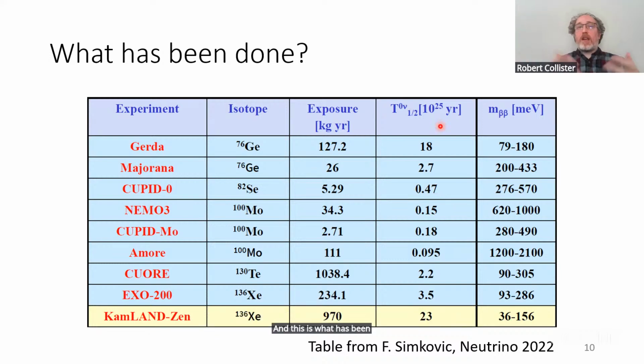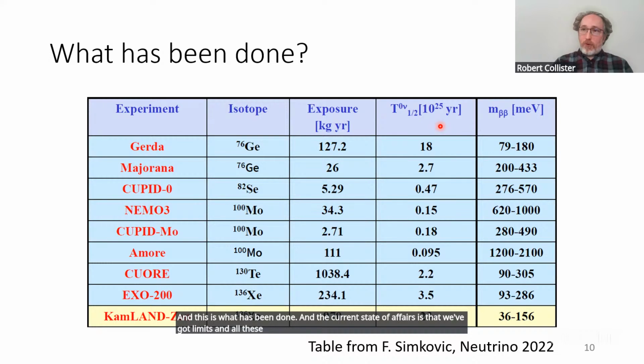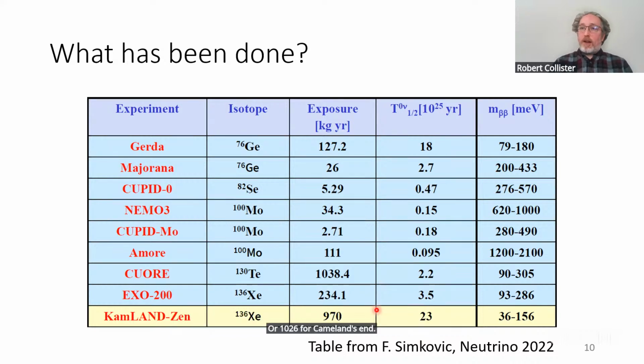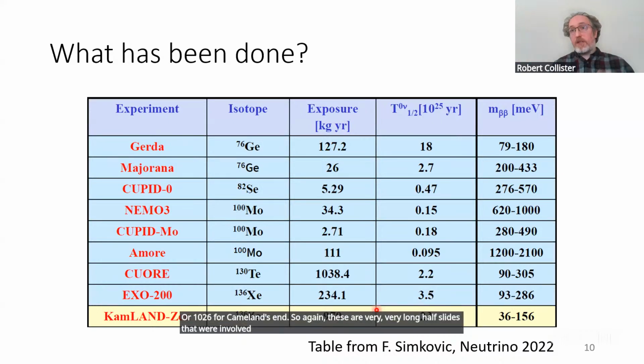And the current state of affairs is that we've got limits in all these guys of about the same orders of magnitude, a little below 10 to the 25, or actually, we are at 10 to the 25 years now, or 10 to the 26 for KamLAND-Zen. So again, these are very, very long half-lives that involve huge detectors going forward to have the amount of isotopic mass you need to not have to count for 100 years to have a chance of seeing anything.